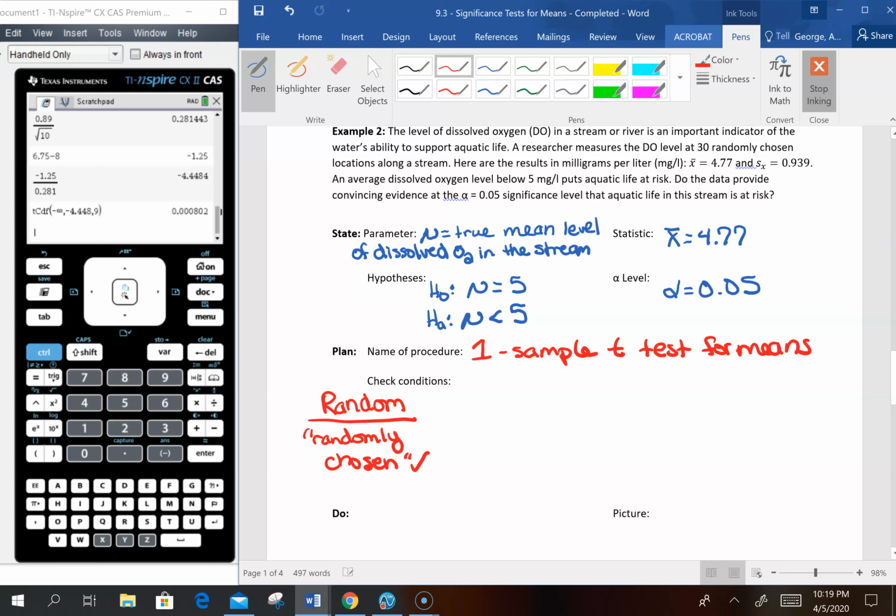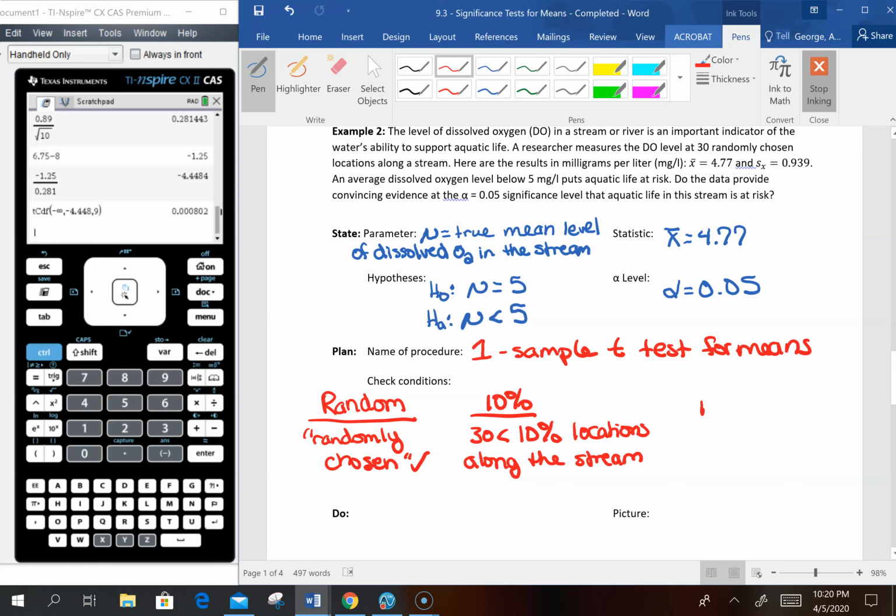All right, so that one's good. For 10%, we're assuming that 30 is less than 10% of the locations along the river, or the stream, sorry.